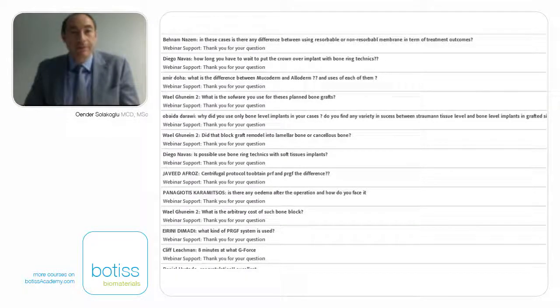So this is basically why you should be a little careful during the placement of this block graft. And it will remodel into cancellous bone, and sometimes you can even see an increase of thickness of the cortical layer on the three-dimensional X-ray. But I don't think much.